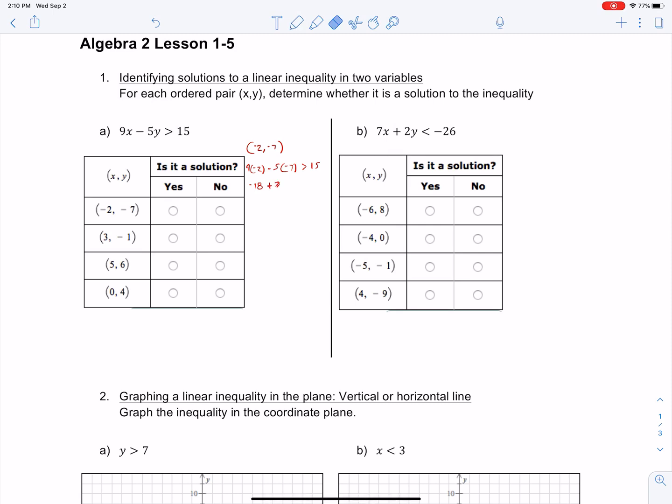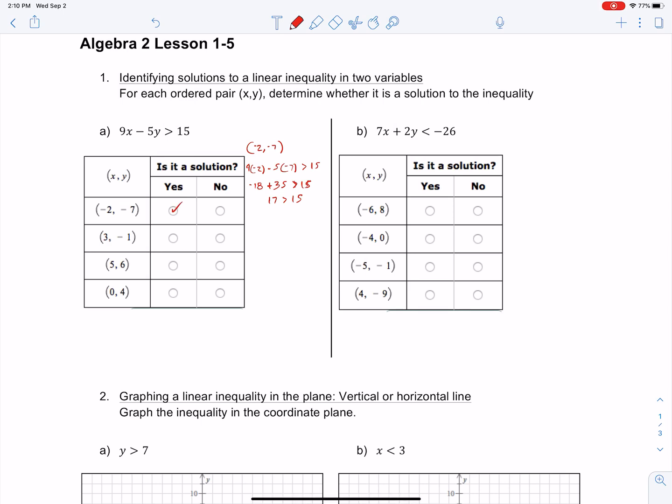Remember, a negative times a negative is a positive. -18 plus 35 is a positive 17, is greater than 15. Is 17 greater than 15? Yes, it is. So that solution works.